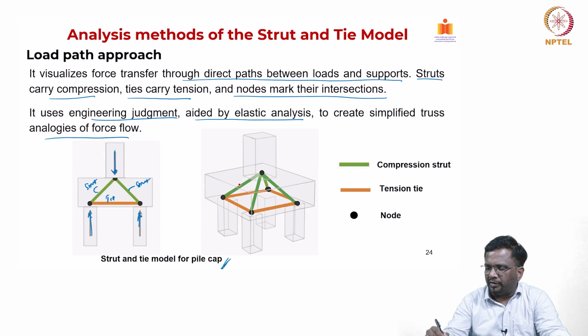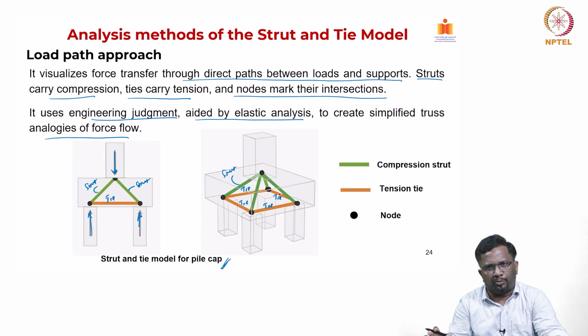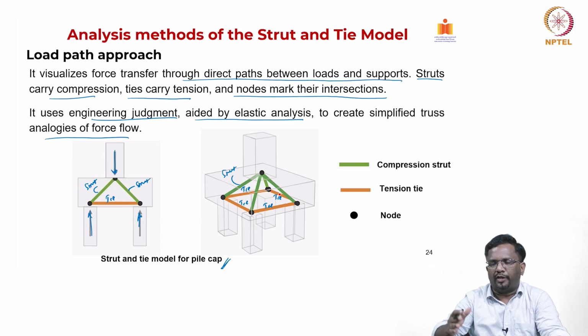Again these are all struts and they all have to be connected by these tie elements. It is very simple to visualize because finally the applied load has to go to the support. So, we can directly assume how efficiently we can put the strut, but as I have told you, the strut angle should not be too steep or too shallow, otherwise you will end up with not a very efficient design.